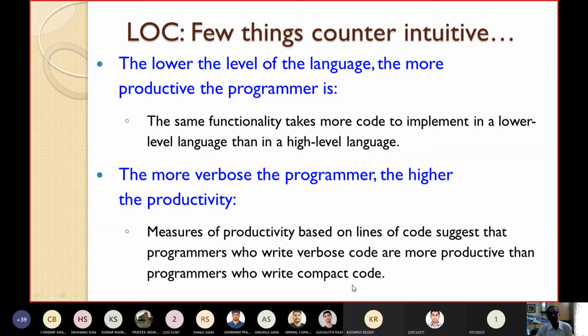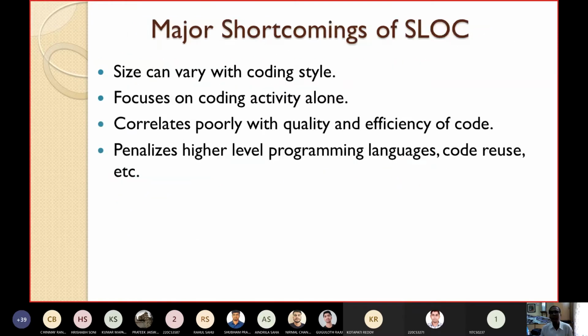So if you are writing verbose code, then according to this definition of LOC you are more productive, but those writing very compact code have less productivity. So these are counterintuitive with respect to this simple definition of LOC, just counting the lines of code written in the program. Let's quickly look at the major shortcomings of LOC.